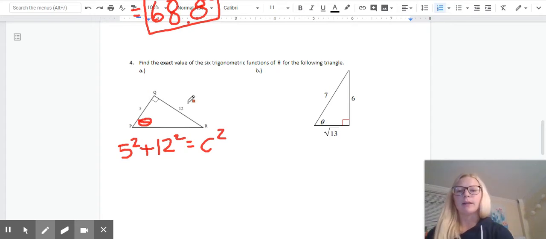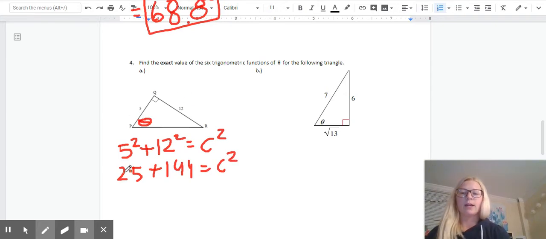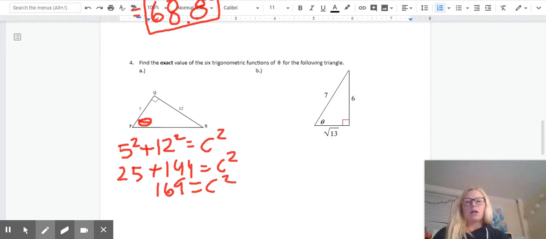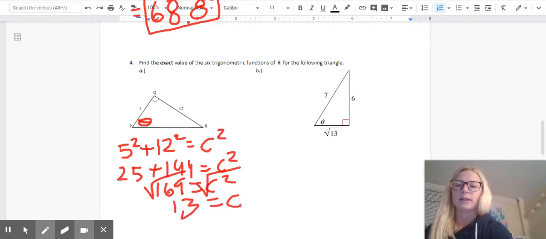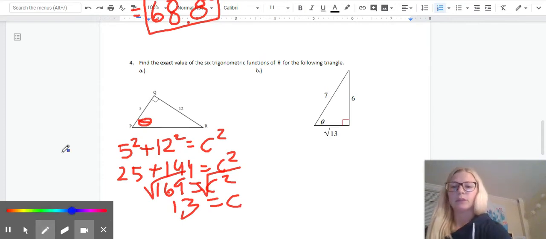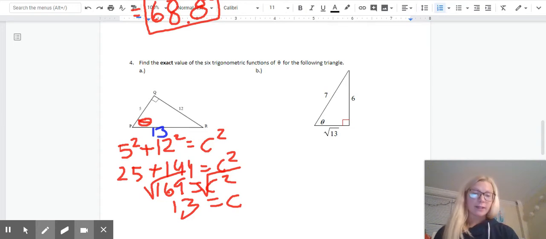So 5 squared plus 12 squared, we get 25 plus 144 equals c squared. When you add 25 plus 144, we get 169 equals c squared. Then we take the square root, so we get 13 equals c. I'm going to write that in blue. 13. So we're not done yet.